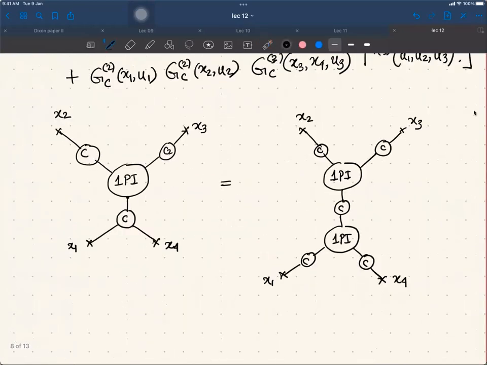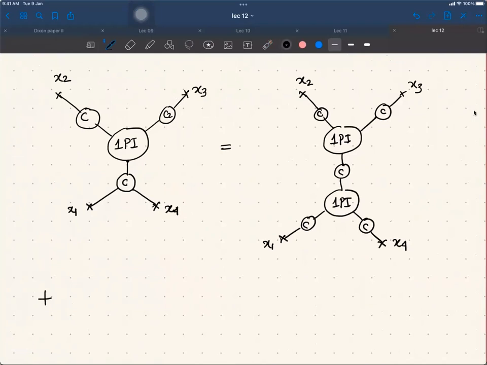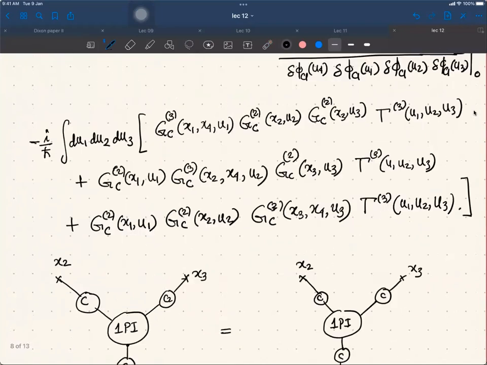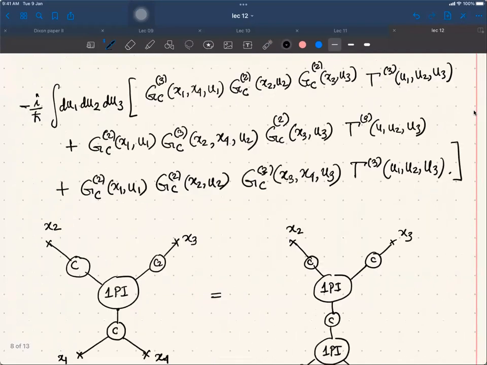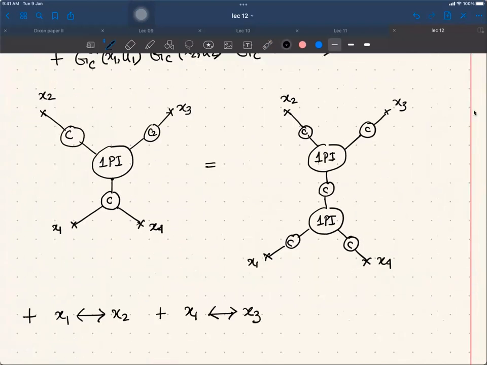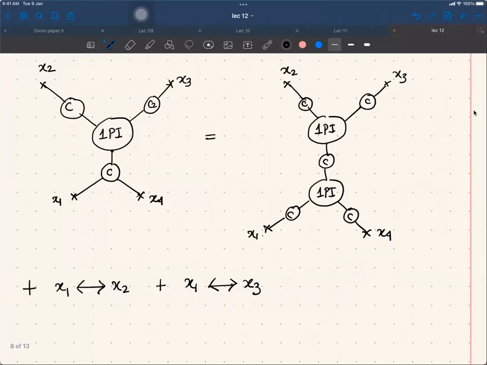This diagram, so this is the first line, then the second line is x1 interchange with, as I mentioned, x2 plus x1 interchanged with x3. Now let's look at the configuration here. So this is x1, x2, x3, x4. So exactly, x1 is getting interchanged with the opposite 2 points, and therefore will produce those topologically inequivalent channels, right?